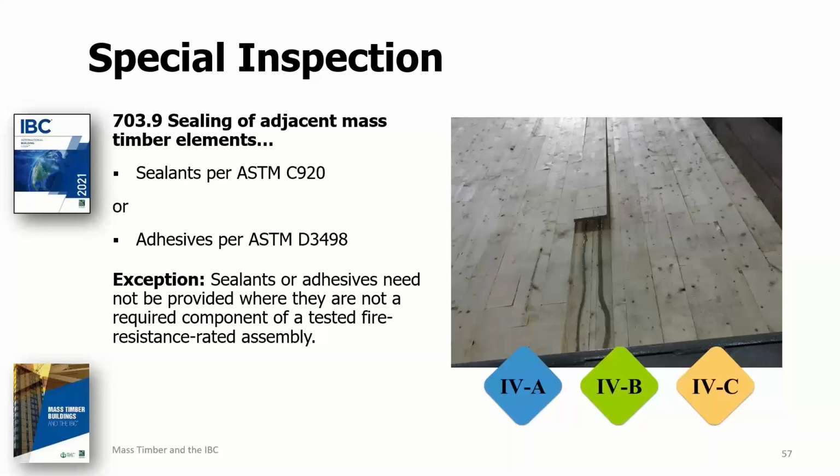Special inspection of sealants between adjacent mass timber elements does not apply to joints as defined in IBC Section 202. This is because joints, and specifically fire-resistant joint systems, have their own special inspection requirements in IBC Section 1705.17.